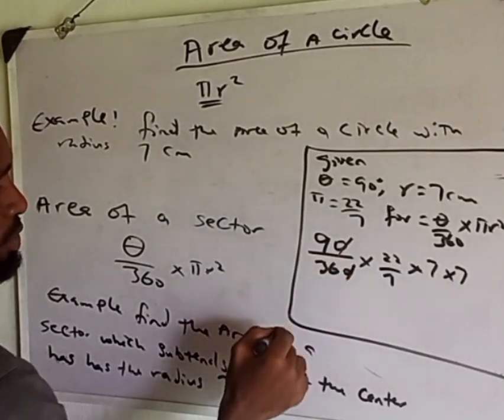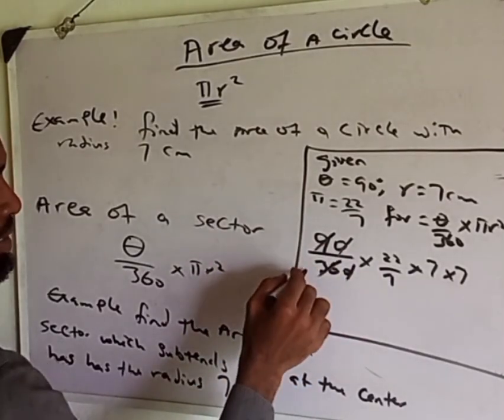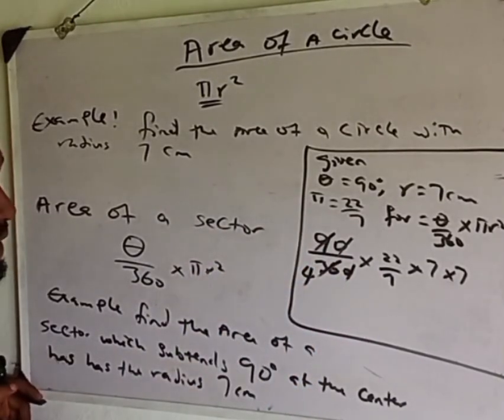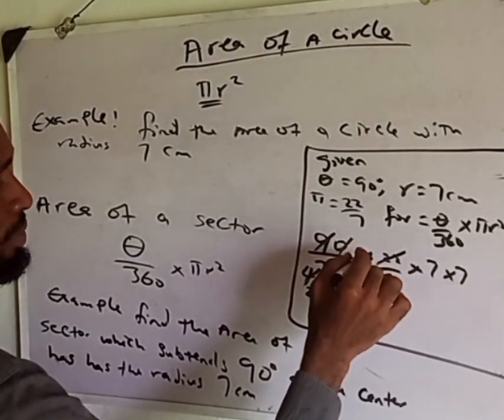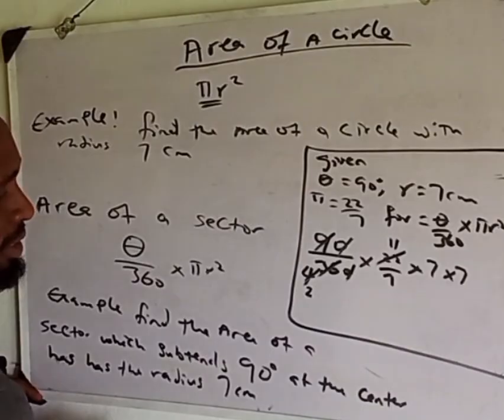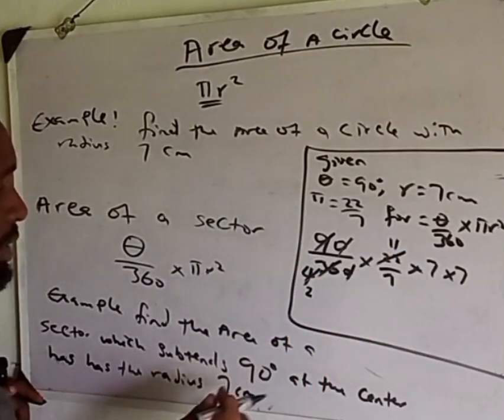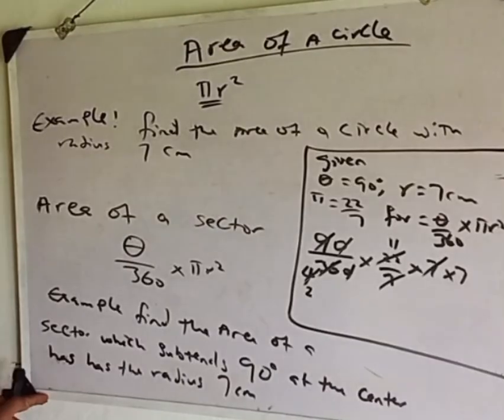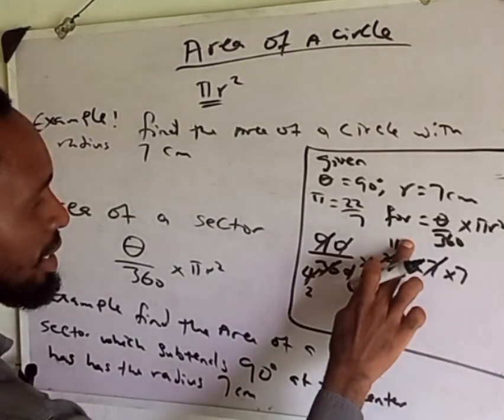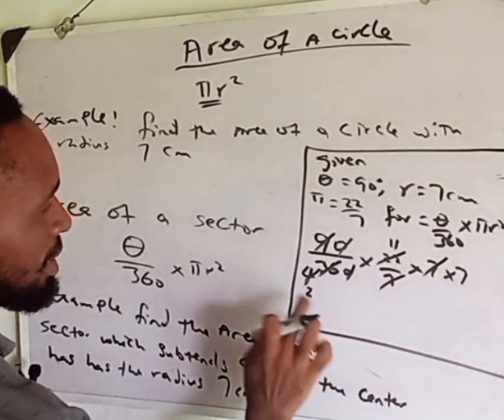Now, 0 can cancel 0. 9 can cancel 36. We have 4 here, right? 4 can cancel this. We have 11 here, right? That is 2 and 11 down here. 7 can cancel 7. So what do we have left? 11 is here, 7 is here, and then we have 2 under.